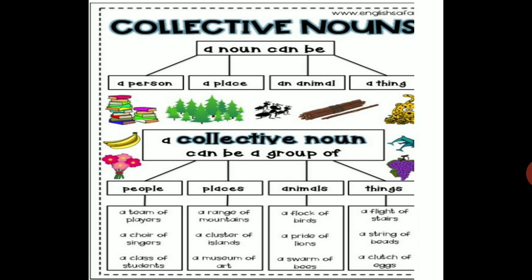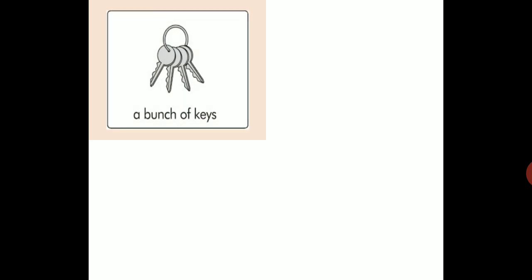Now let's see more examples with the pictures. If you have one key, then you can say it is a key, but if you have more than one key in your keychain, then what can we call them? We can call them a bunch of keys. Just look at the picture, right?